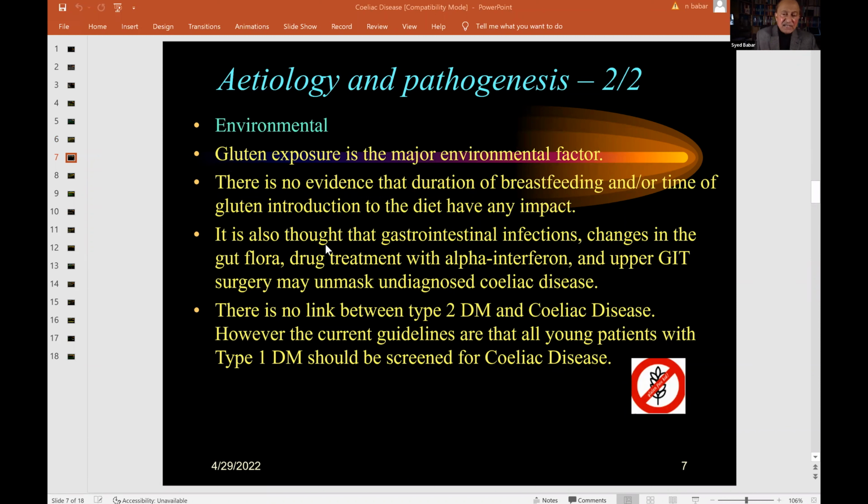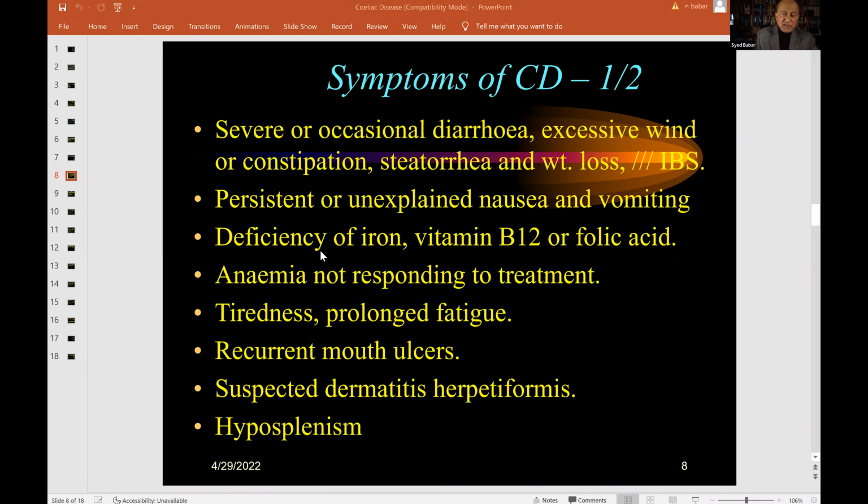It is generally associated with gluten. The symptoms are variable. The GI tract symptoms match up with symptoms of IBS or nutritional disorder, sometimes steatorrhea, or symptoms similar to reflux esophagitis.